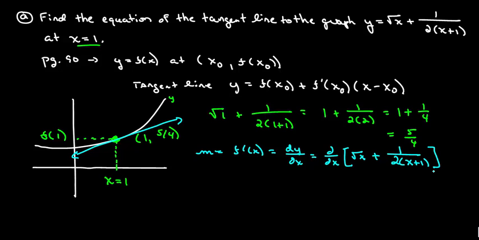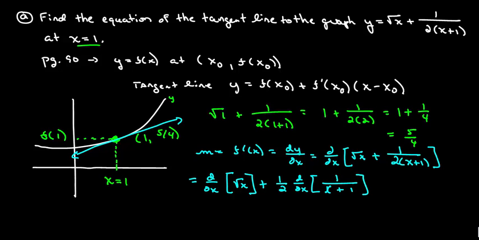Just like that. And so that is equal to d dx of the square root of x plus, now I can pull out the 1/2 if I want to, and I can write this as d dx of 1 over x plus 1, like that.